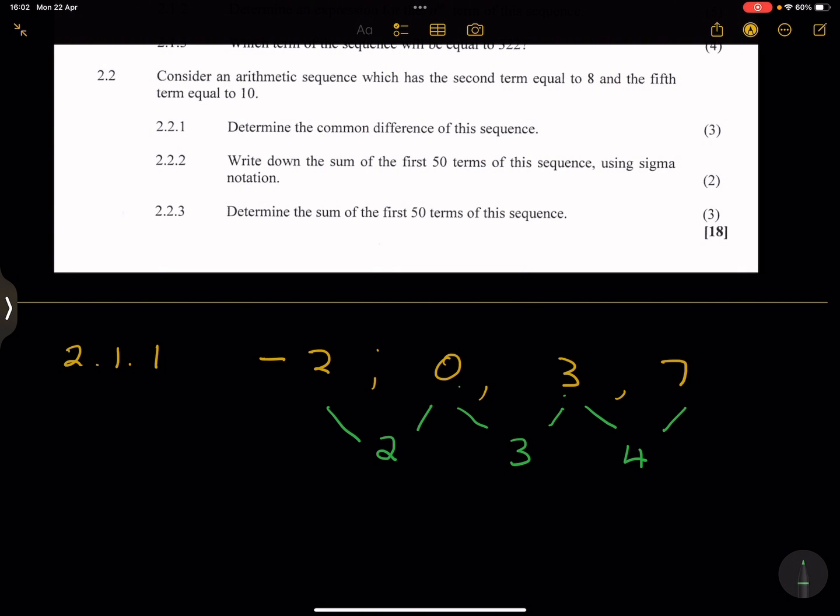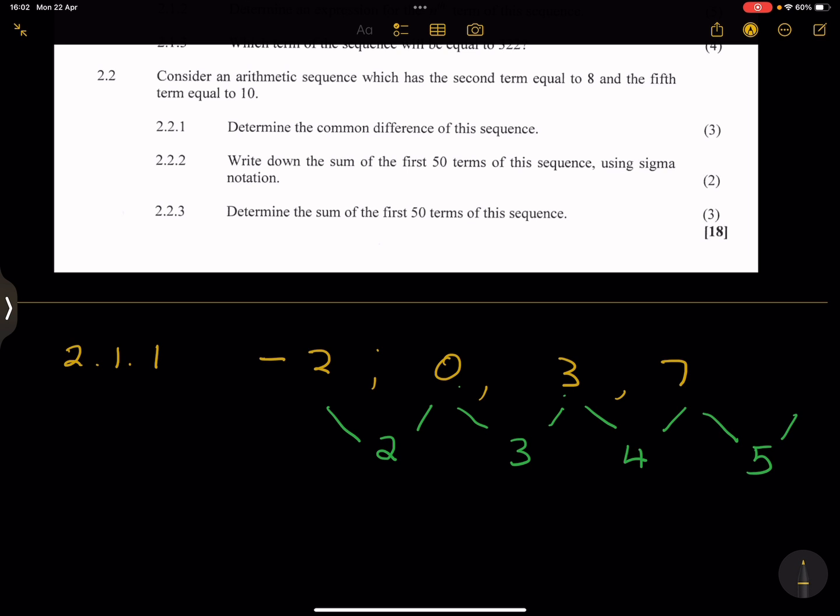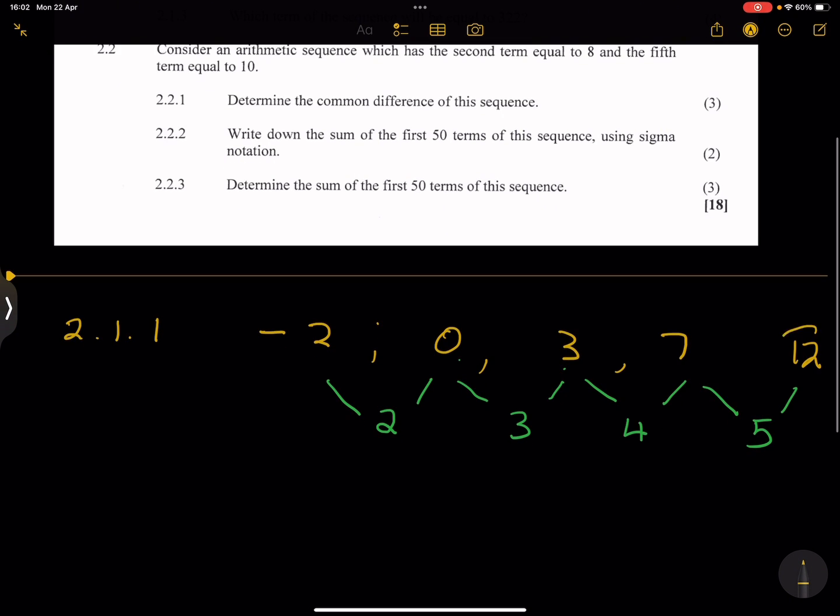So can you see that in this case, my first difference keeps increasing by 1? So what would be the next term of the sequence? It means I'll just add 5 to it. And so the next term should be equal to 7 plus 5, which will give me 12. So we know that the next term should actually be 12, right?